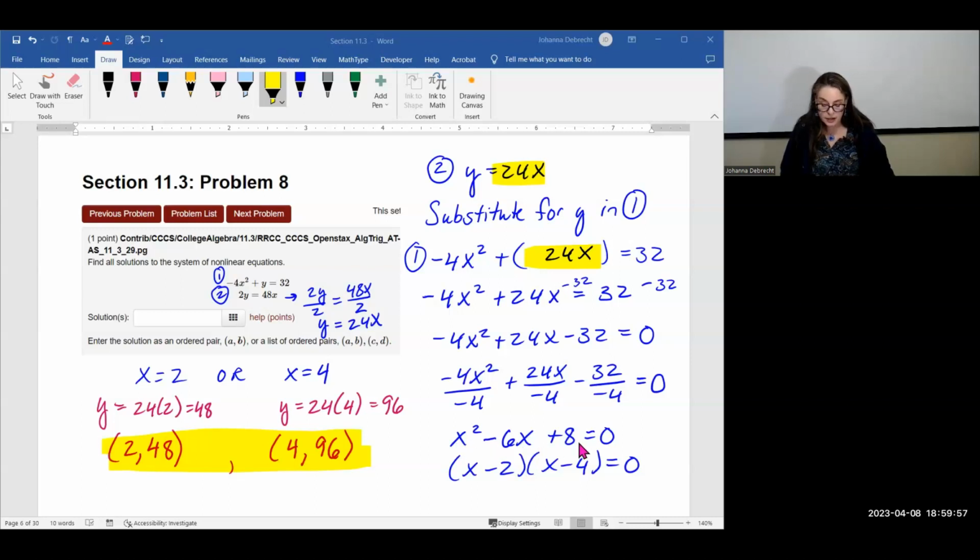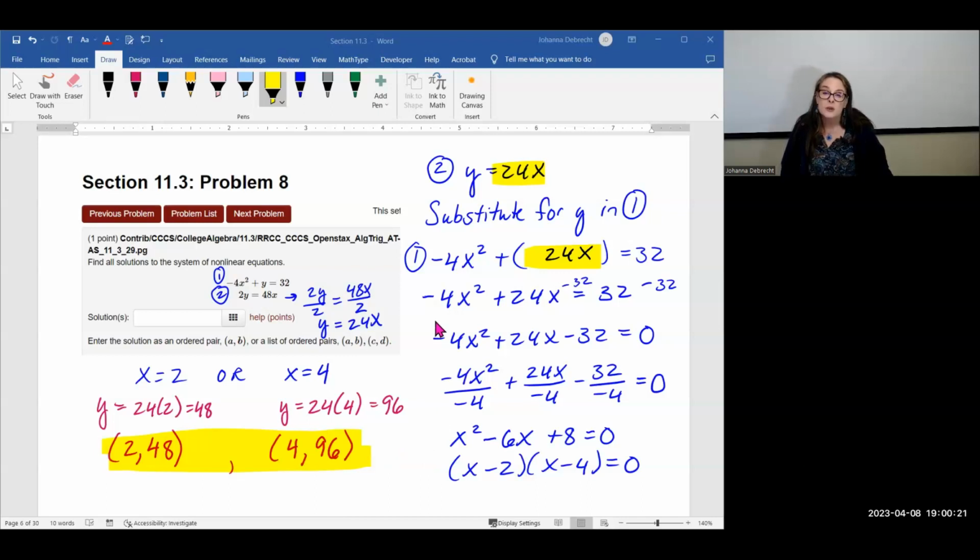This led to the trinomial x squared minus 6x plus 8, which is equal to 0. So I factor it and I solve for the 2 solutions, x equal 2 and x equal 4. Then I use the expression for y, which was 24x out of equation 2, to find the y coordinate that matches each individual x coordinate.